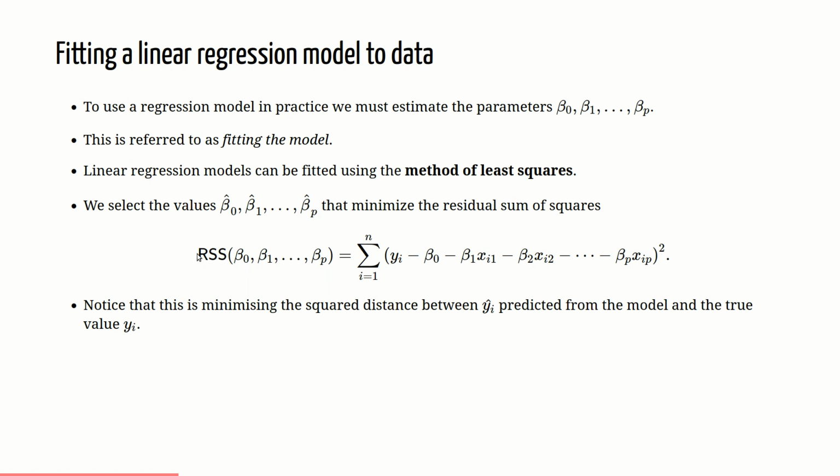And so we do this by minimizing the residual sum of squares, which is the sum of the squared difference between the actual y and the predicted y, which will be given by this. So you remember that predicted y is just going to be beta naught plus beta 1 x1 plus beta 2 x2 plus dot dot dot plus beta p xp, right? There's an error term on here, but we don't know what that is, right?